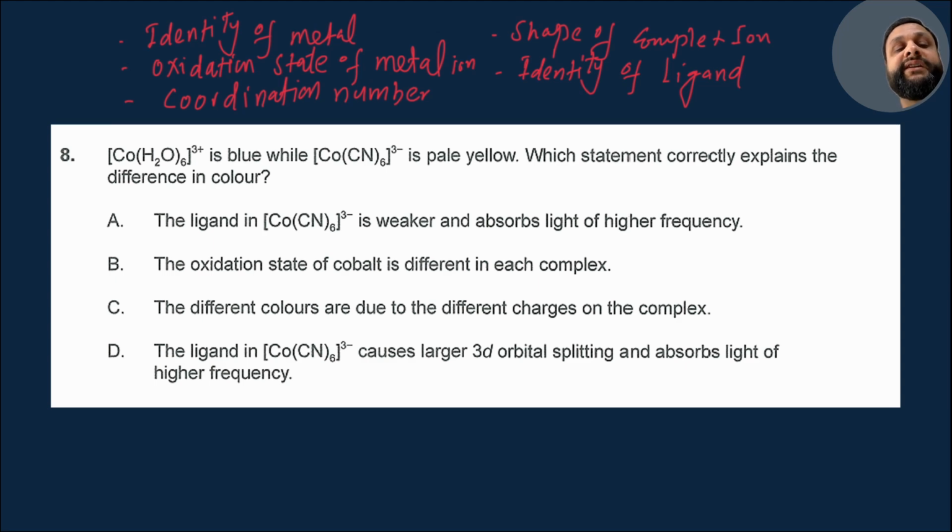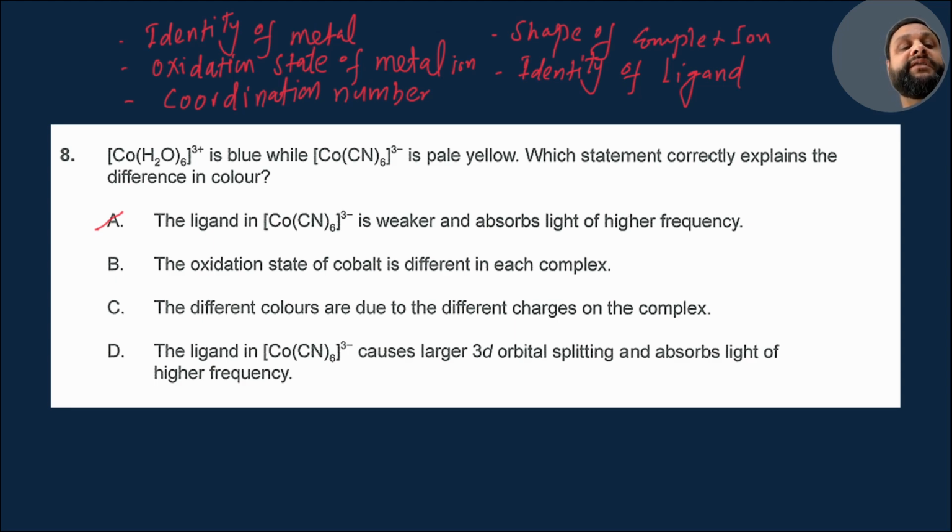Statement A, the ligand cobalt cyanide is weaker and absorbs light of higher frequency. No, a weaker ligand should absorb light of lower frequency, hence this statement is wrong. The oxidation state of cobalt is different in each complex.